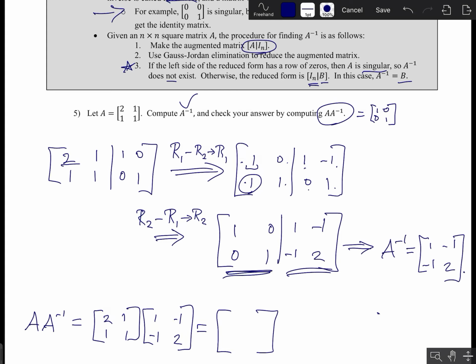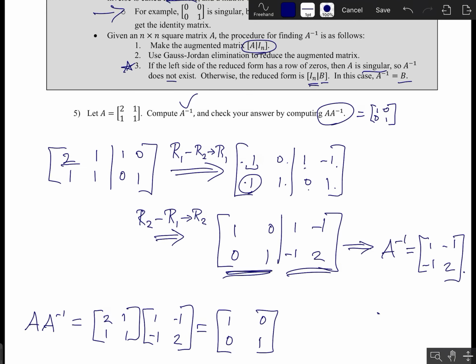But for the 1, 1 entry, you should get a 2 minus 1, which is a 1. For the 1, 2 entry, you should get a negative 2 plus a 2, which is a 0. For the 2, 1 entry, you should get a 1 minus a 1, which is a 0. And then for the 2, 2 entry, you should get a negative 1 plus 2, which is a positive 1.